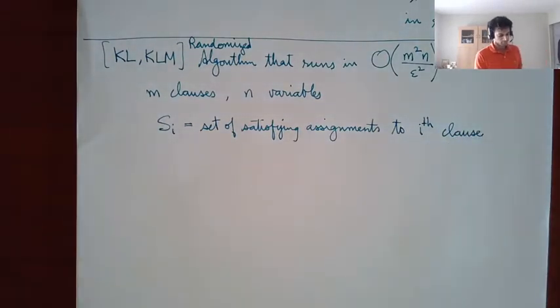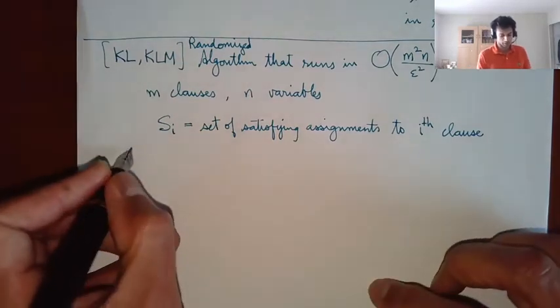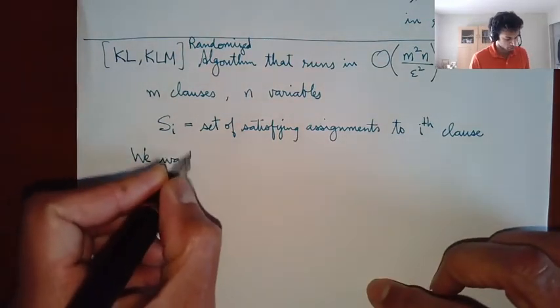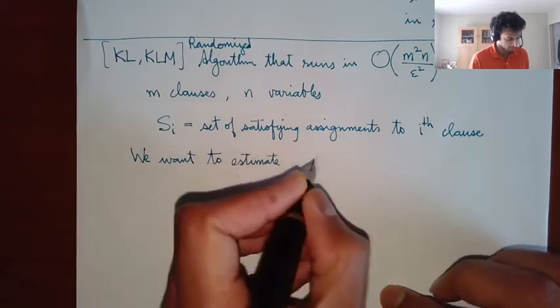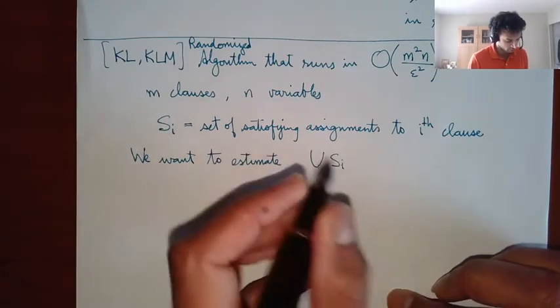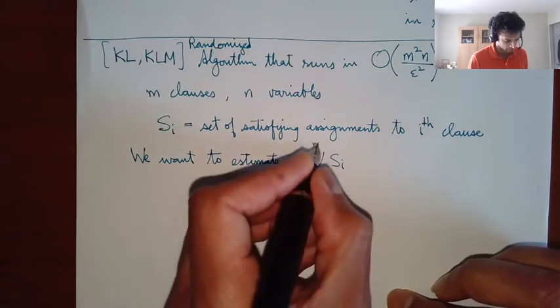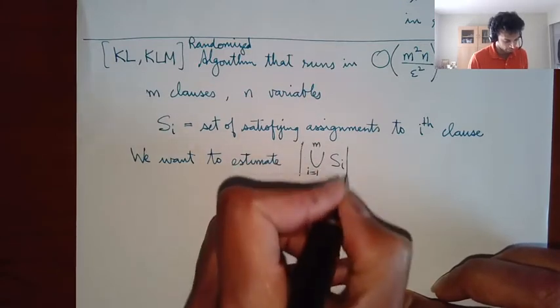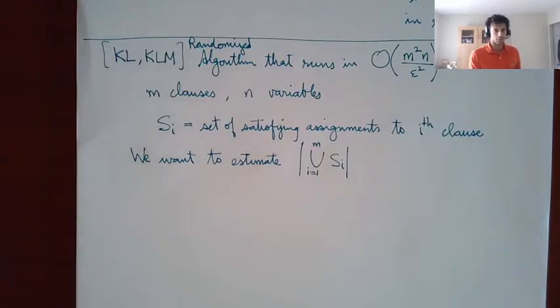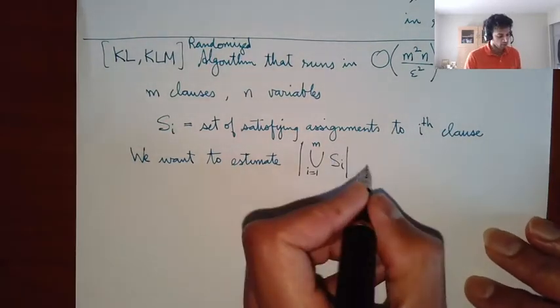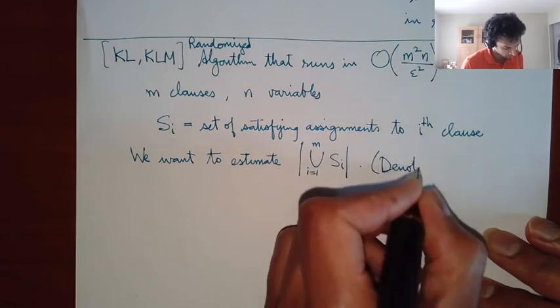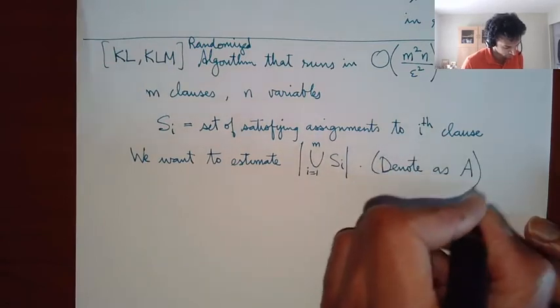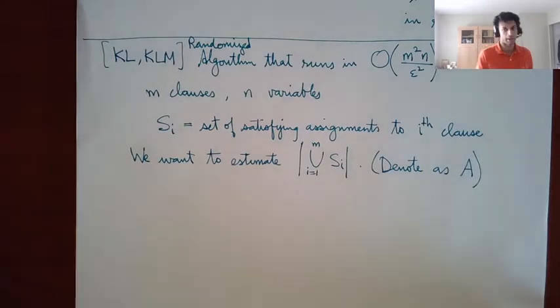Okay, that's a set of satisfying assignments, and we want to estimate the union of S sub i, for i going from 1 to m. I will denote this as capital A. So capital A is what we want to estimate.